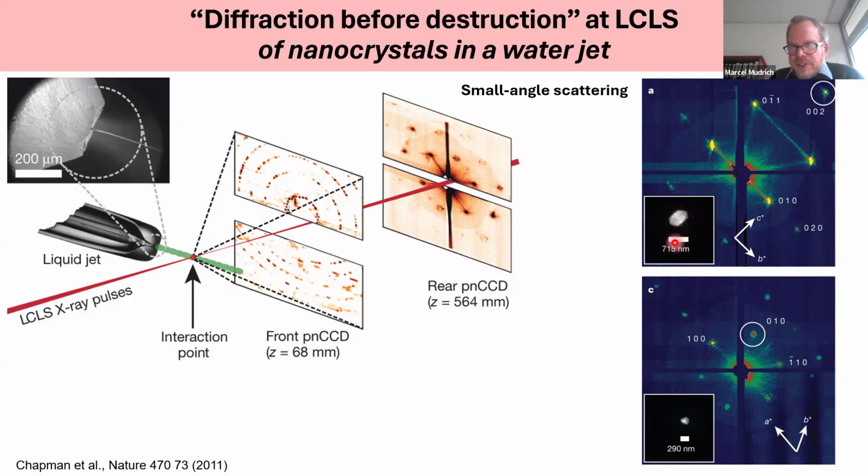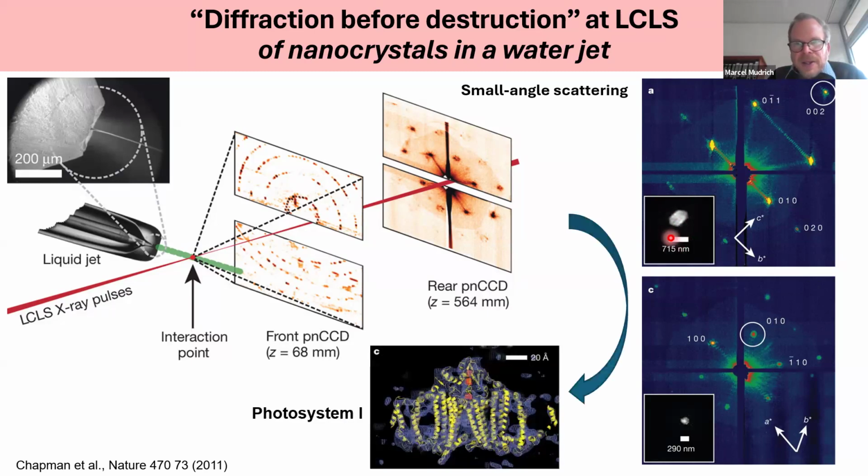So this informs about the shape and size of the nanoparticle where the diffraction happened. But overall, the goal is to reconstruct the real space distribution from these different scattering patterns.